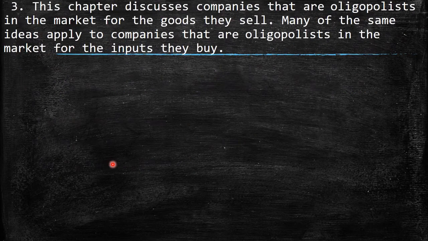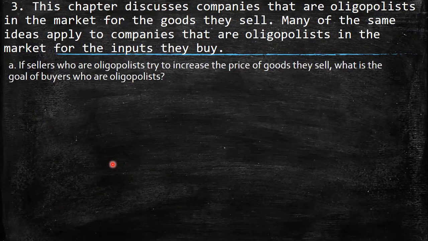Then the third question says, this chapter discusses companies that are oligopolists in the market for the goods they sell. Many of the same ideas apply to companies that are oligopolists in the market for the inputs they buy. So we are kind of in the opposite situation. If sellers who are oligopolists try to increase the price of goods they sell, what is the goal of buyers who are oligopolists?